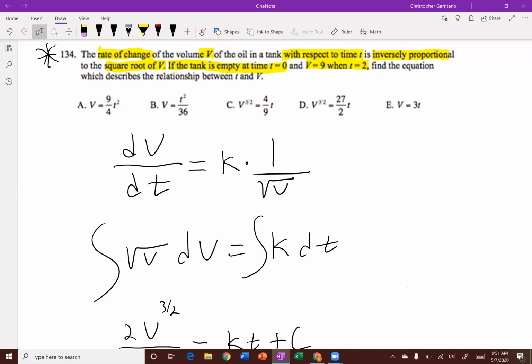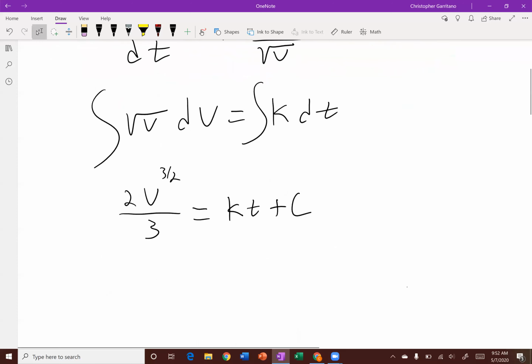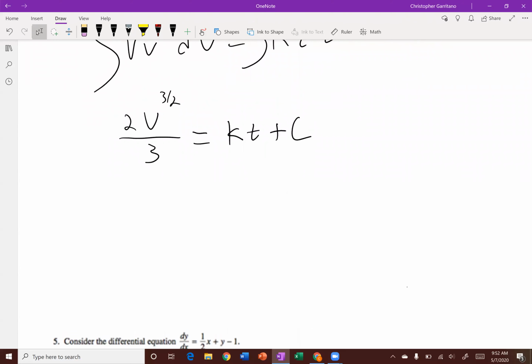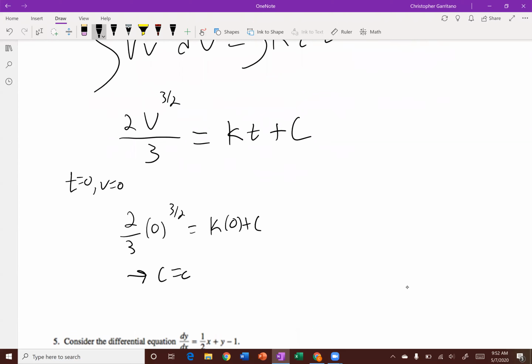Another way of saying that is when t equals 0, V equals 0. So I have 2/3 times 0 to the 3 halves is equal to k times 0 plus C, and this implies that C equals 0.